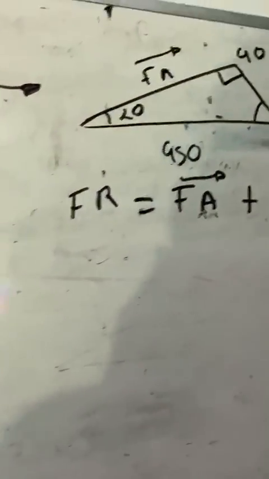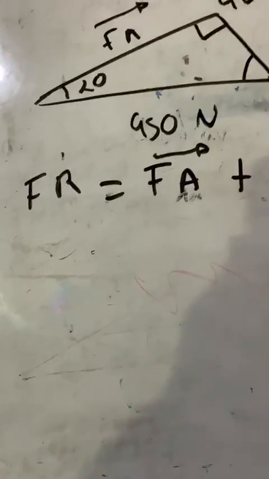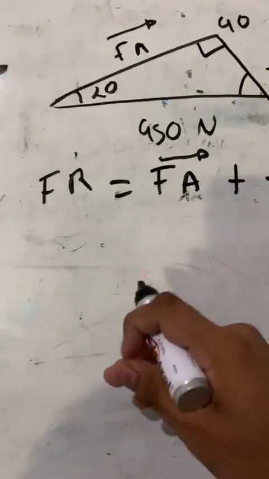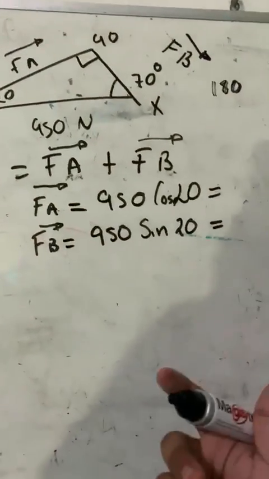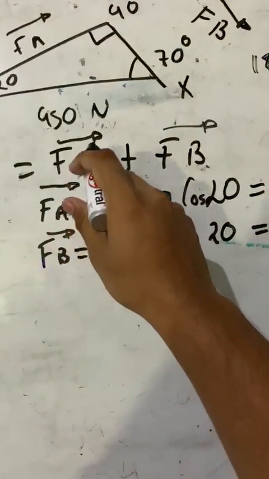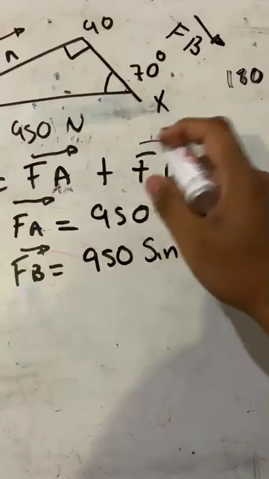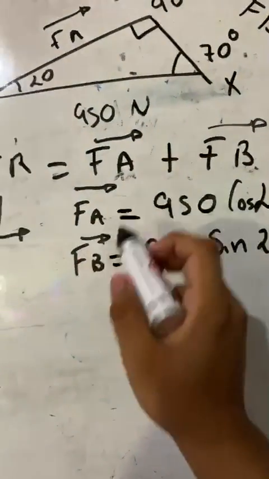But what happens if I have the resultant and I want to calculate this force and this force? It's the same. We have to do the operation, but in the opposite way. We have to remember that the resultant force is given by the sum of force A plus force B, and this is the equation to calculate the forces Fa and Fb.